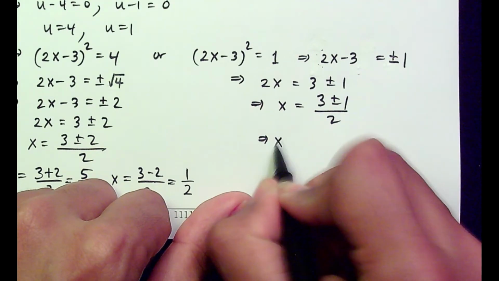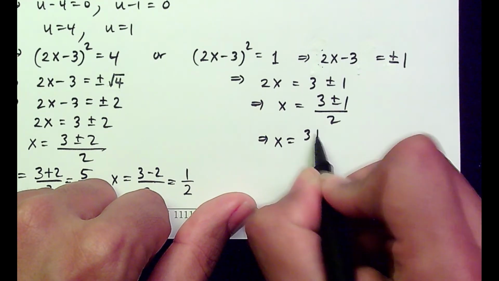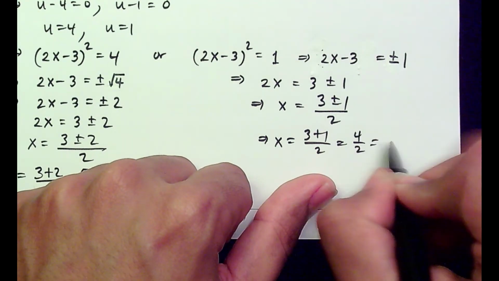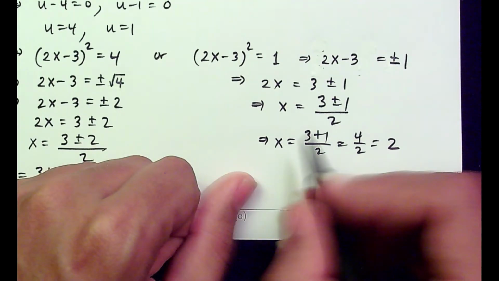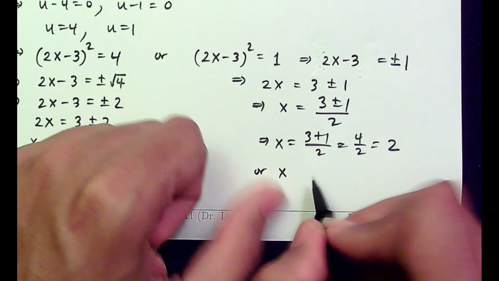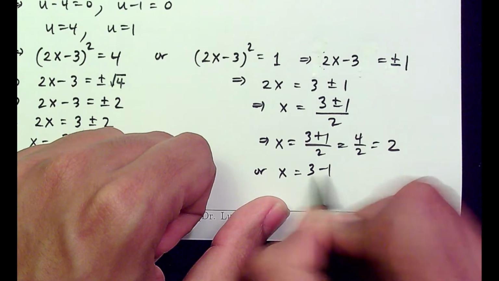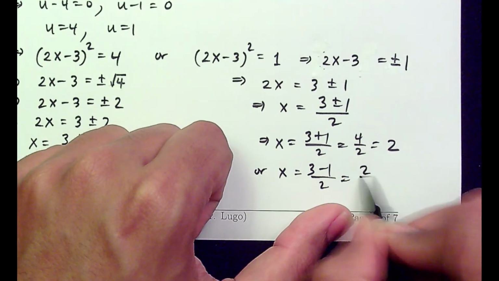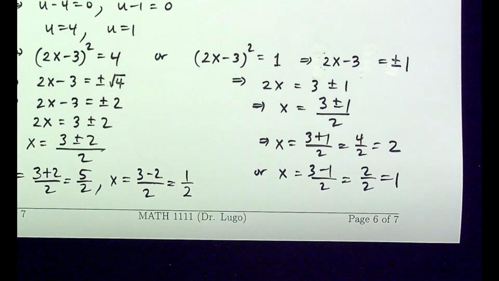First possibility is 3 plus 1 over 2, which is 4 over 2, which is 2. And then the other possibility is 3 minus 1 over 2, which is 2 over 2, which is 1. And those are all of our solutions. So now let's box them up.